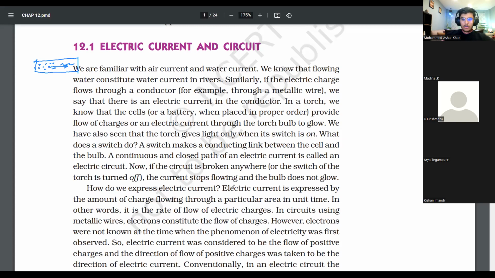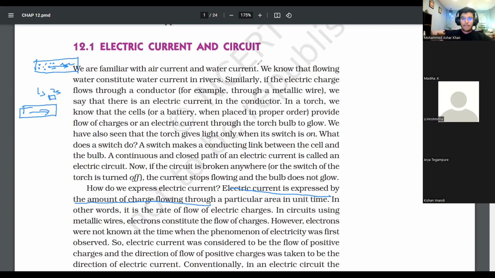So simply put, electricity is the flow of electric charges, which I think we'll read here. Electric current is expressed as the amount of charge flowing through a particular area in unit time. If we have, for example, a wire of a certain thickness, the amount of electricity flowing through this wire in, let's say, 1 second or 2 seconds or whatever time frame you give, that is known as electric current.